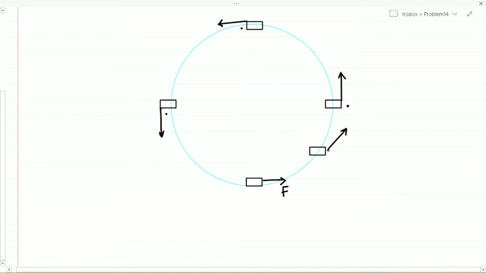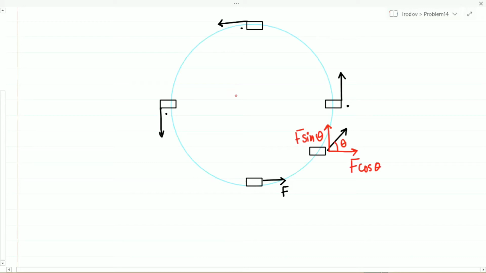Let us break this force into its components, this way and this way. If this angle is equal to theta, this component will be equal to F cos theta, and this one will be equal to F sine theta.